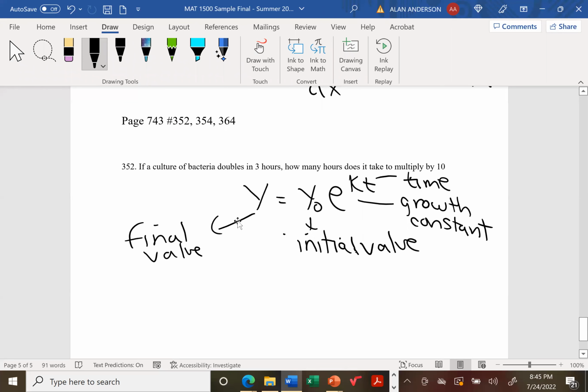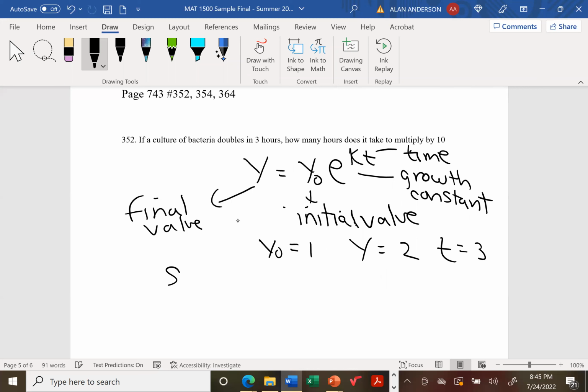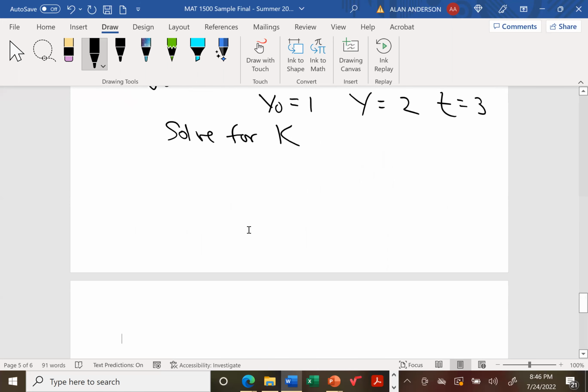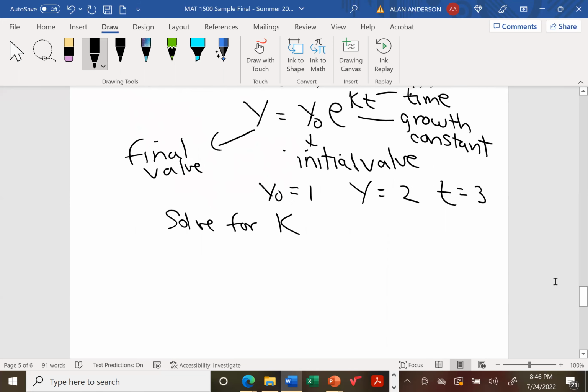So what they're doing is, first they're telling us that the doubling time is 3 hours. So in other words, we could think of this as y0 is 1 and y is 2 and t is 3. Okay, in other words, to go from 1 to 2 in 3 hours. What we do here is solve for k. Okay, now, and that shouldn't be too hard.